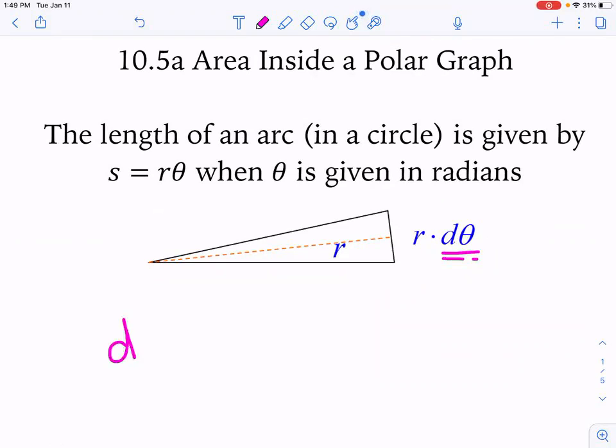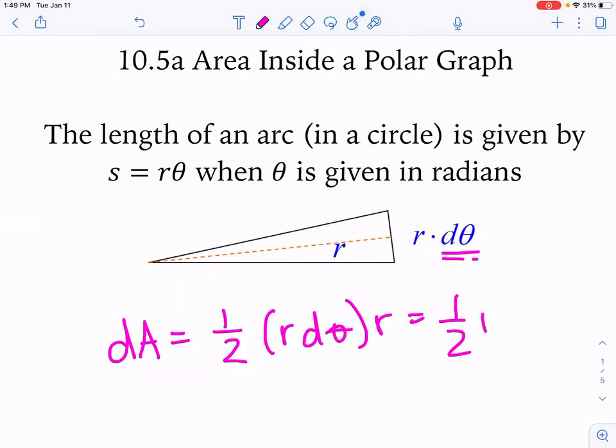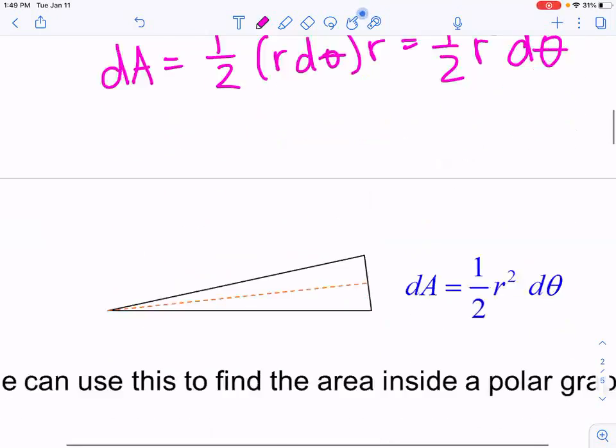How do we find the area of a triangle? 1/2 base times height. We're still not writing this down. Now, this is the area of just a little sliver.